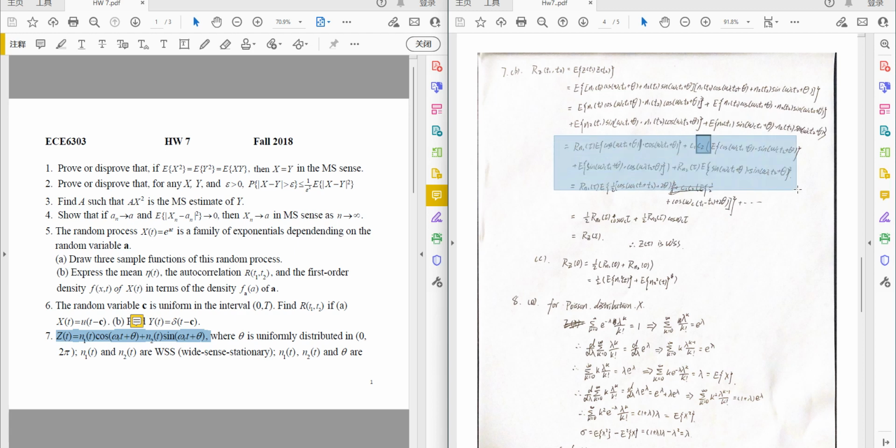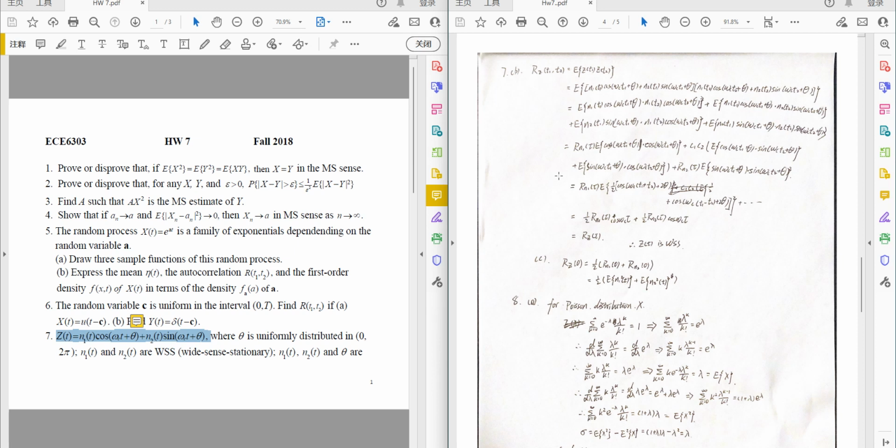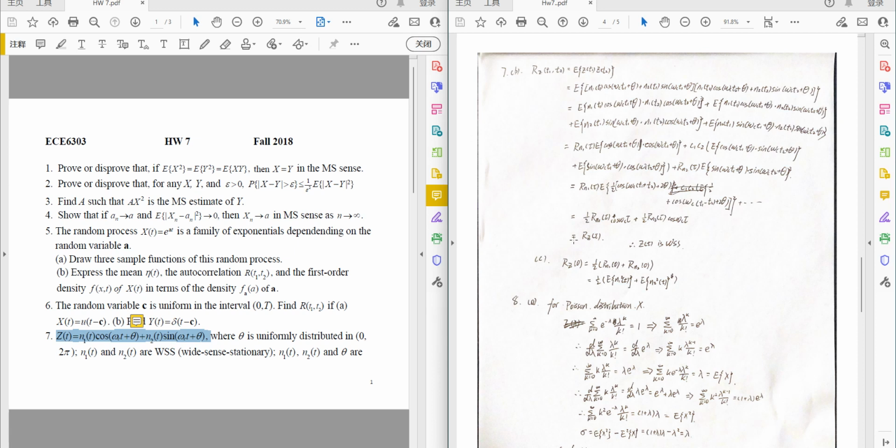So finally, after some trigonometric transformation in this type, we can finally prove that R_Z(t1, t2) is equal to R_Z(tau), which means Z(t) is WSS.